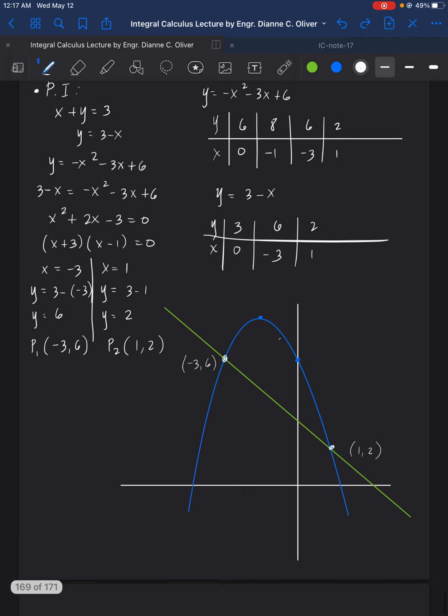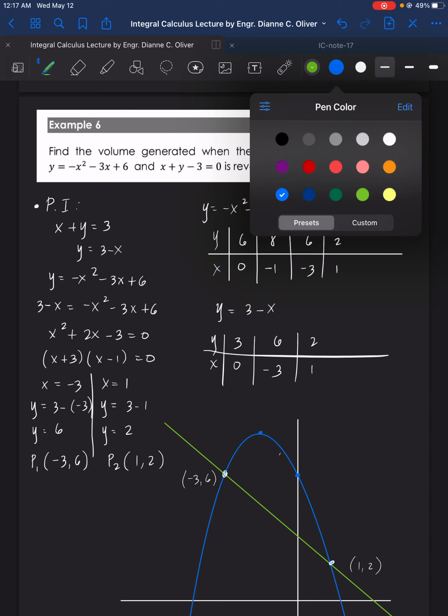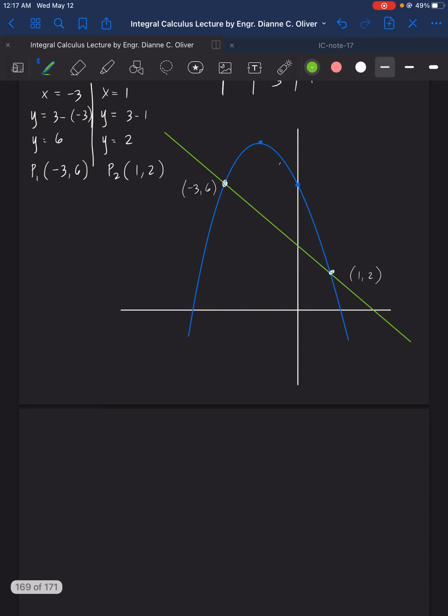Alright, and then where is the axis of rotation? The axis of rotation is about x is equal to 3. Let's use a different color. If x is equal to 3 as the axis of rotation, then this is x is equal to 3, and this is where it is revolving.